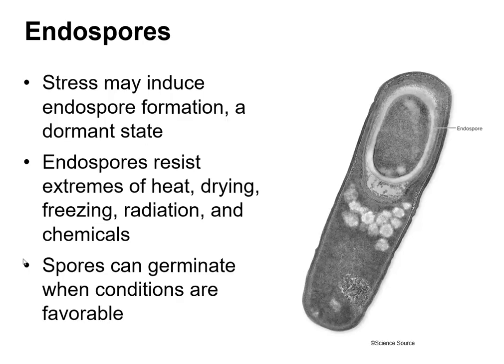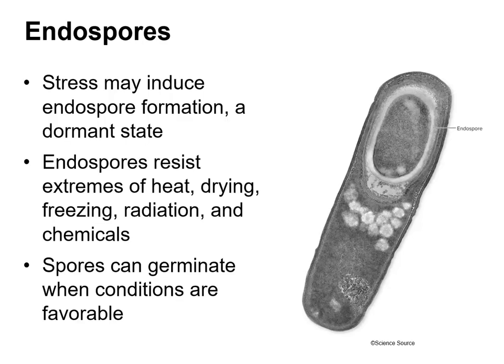Some bacteria make endospores to survive very harsh conditions. The endospores are basically inactive structures. They're dormant, and they allow the cell to survive in inhospitable environments.